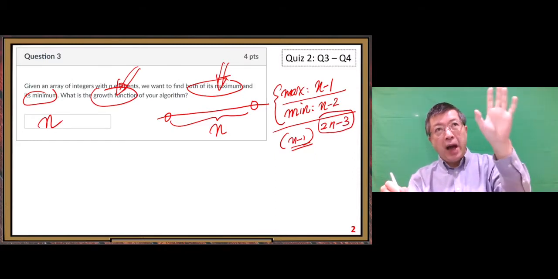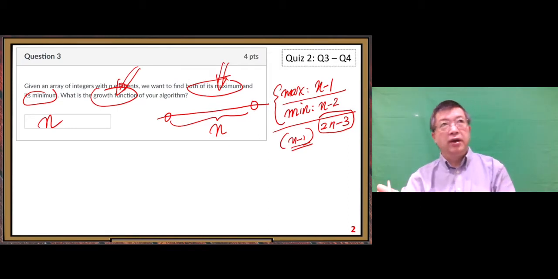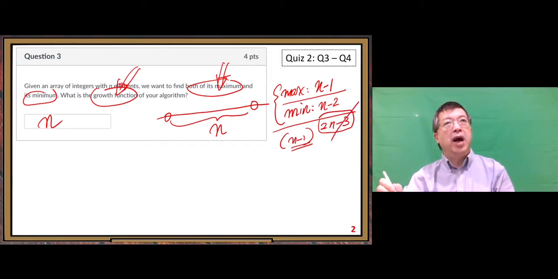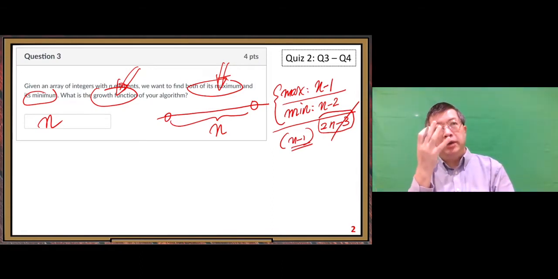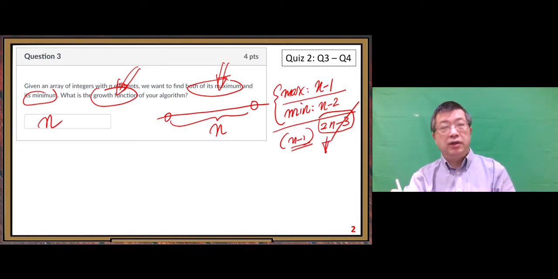Now, in order to put the answer there as the growth function, first, you ignore the minor term. You only keep the dominant term 2n. Then for 2n, you don't need the coefficient 2.